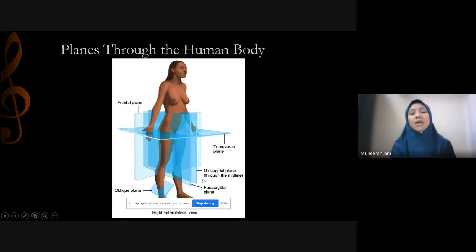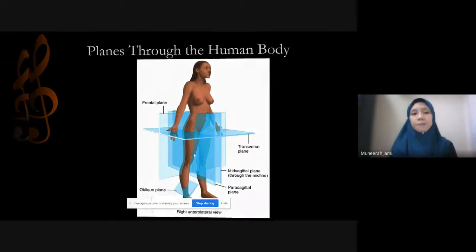Parasagittal plane ni dia tak jatuh betul-betul dekat midline, dia jatuh mungkin jarak sedikit ke arah kiri atau ke arah kanan daripada mid-sagittal midline. Sebab mungkin ada beberapa structure tu dia perlu dilihat dengan lebih detail bila kita buat potongan parasagittal, sebab dia tak duduk ke arah medial, dan tidak juga ke arah lateral. So it's in between. That's why you have to cut it into parasagittal plane.